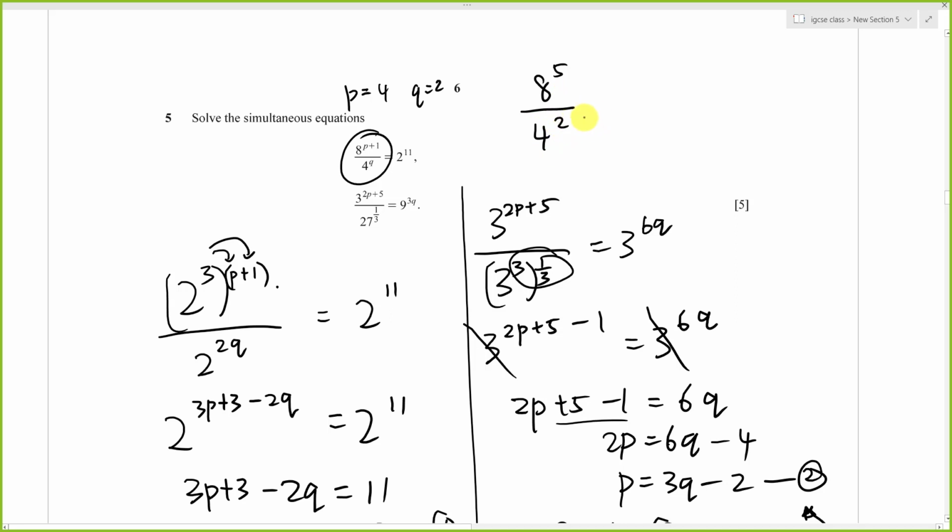Then I will just type on the calculator, 8 to the power of 5 divided by 16. So I get 2048. So I try to type 2 to the power of 11, and I get back the same thing. Then left hand side equals right hand side. That means my answer is correct. Because if you have extra time in the exam, always substitute back into the equation and check whether your answer is correct or not. Okay?